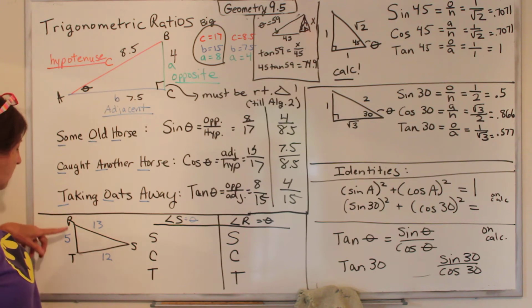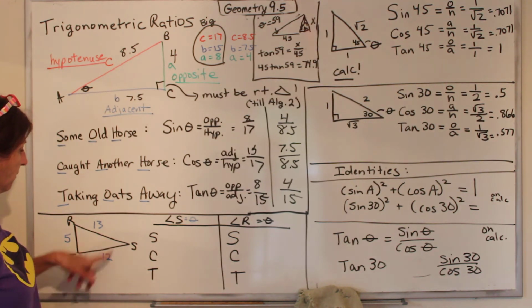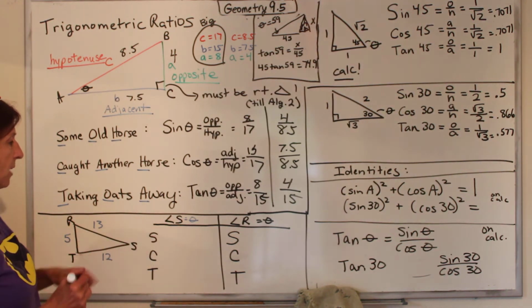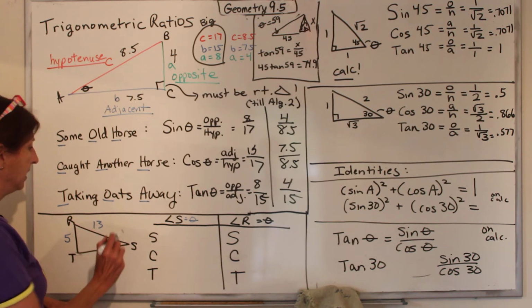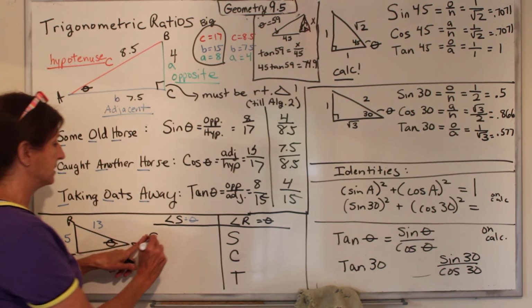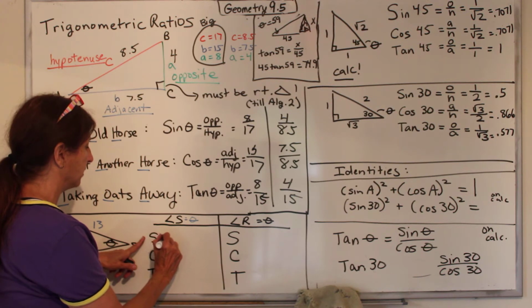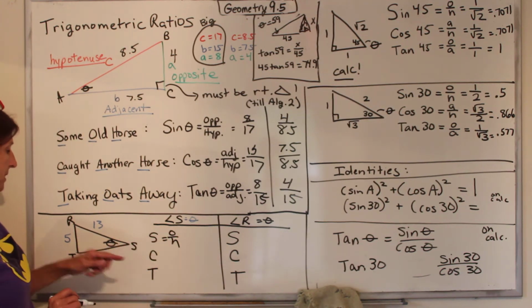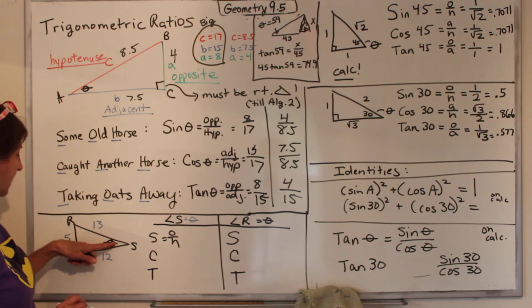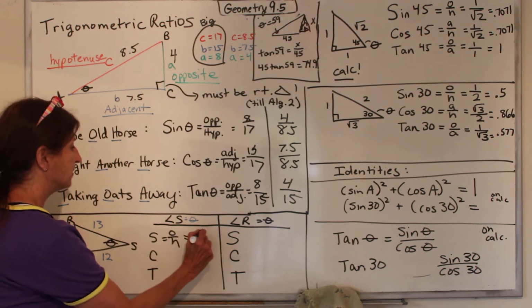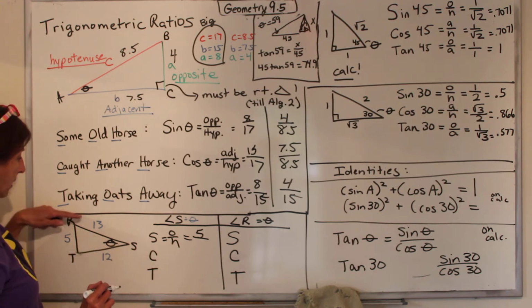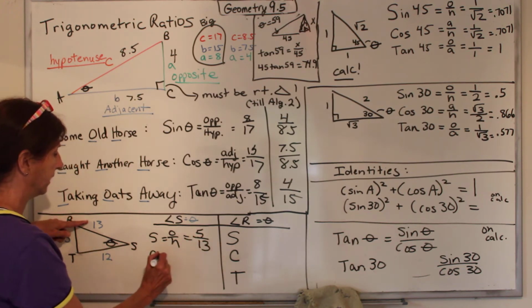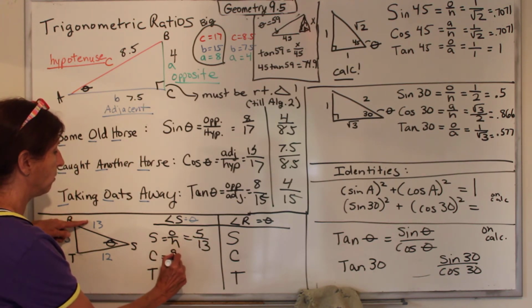We have a triangle. It's 5 on this side, 12 on this side, and 13. And first they want S to be our theta. So we're going to figure it out. Some Old Horse, and I'm going to just do the letters. Sine of theta equals opposite over hypotenuse. This is theta. So opposite is 5 over hypotenuse. Hypotenuse is 13. Caught Another Horse.